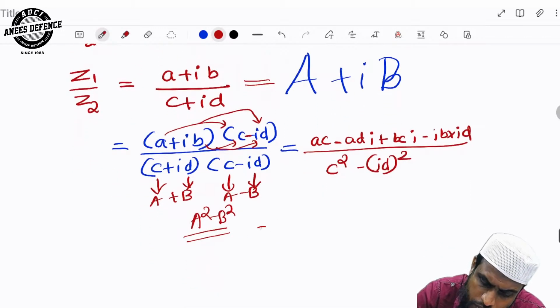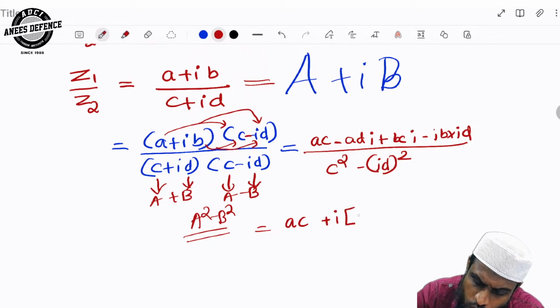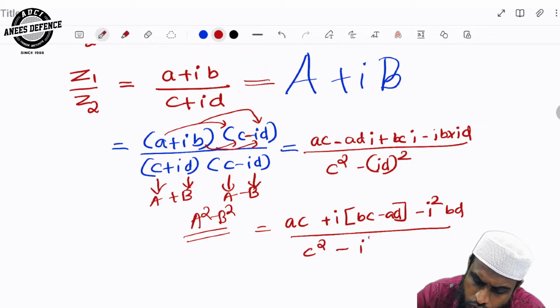So this can be written as AC, and i can be taken out, so you will be getting BC minus AD. Here minus into i square BD, divided by C square minus i square D square.